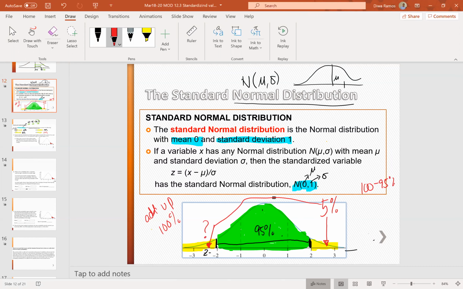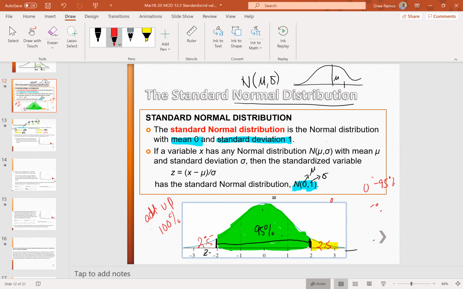Correct. There's a 5% left over, but because it has to add up to 100%, it needs to be shared by the two tails. So 2.5 here, 2.5 there. That adds up to 100%.